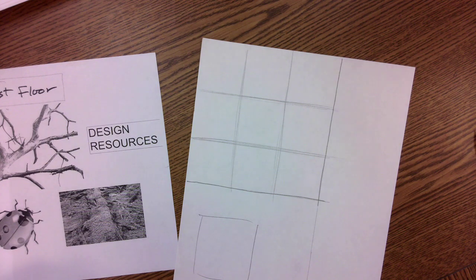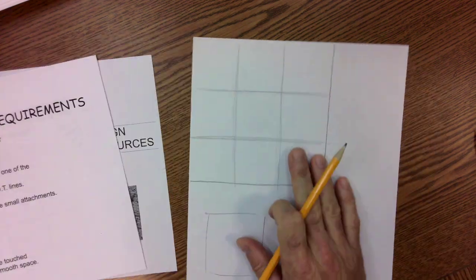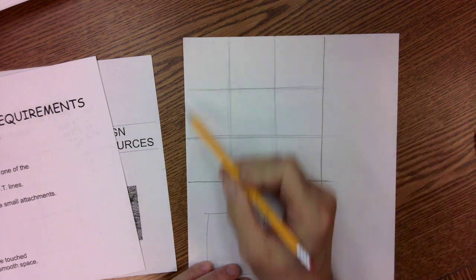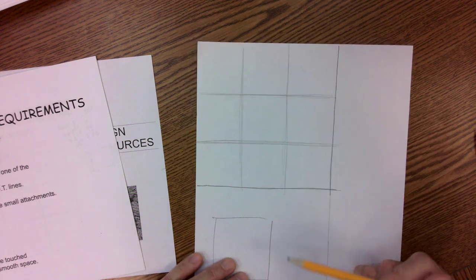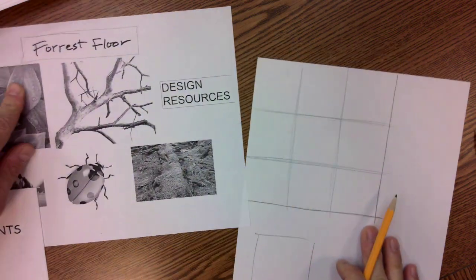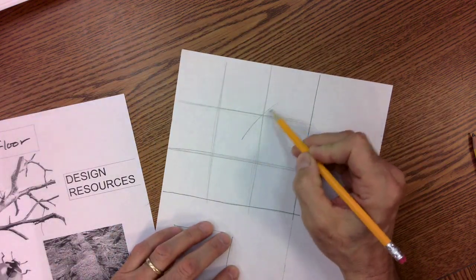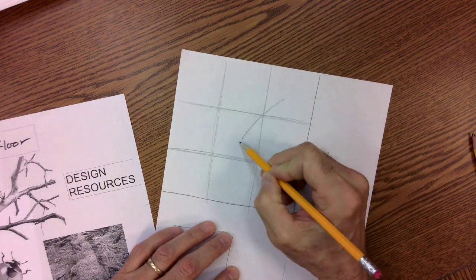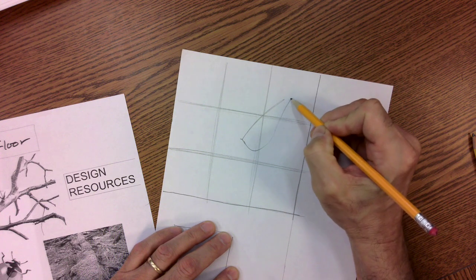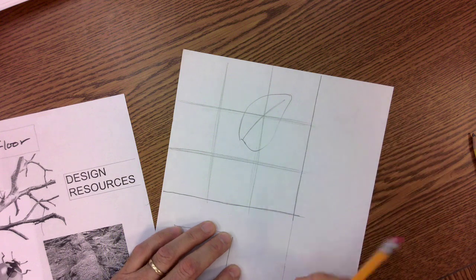All right, so now let's go back to our requirements. The shape is square. The composition, we're going to have something, and I'm going to make a leaf since I'm going to have some leaves. I'm going to draw a leaf, one of my bigger ones, and make it go right about through that cross.